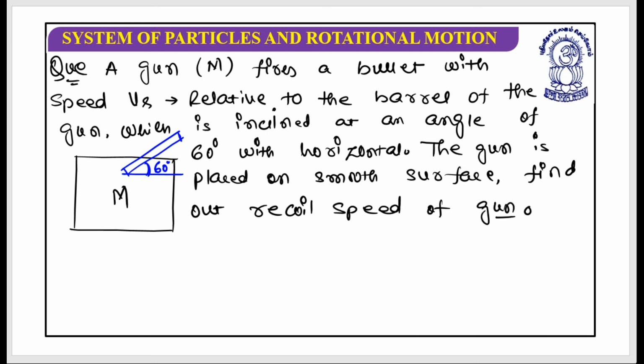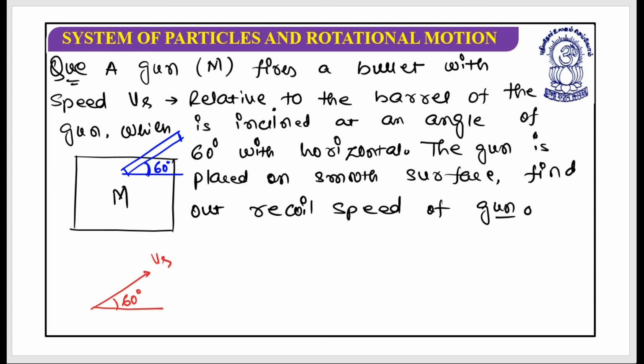So go through the data carefully, and what can we do for this? What we are supposed to do is that, as the situation is something like this, this was from a 60-degree angle, and this is VR.